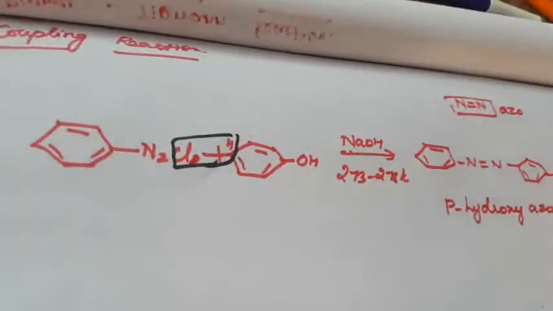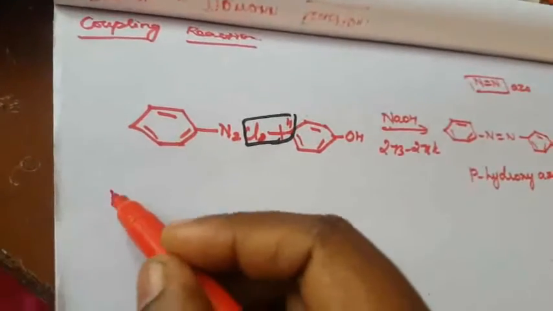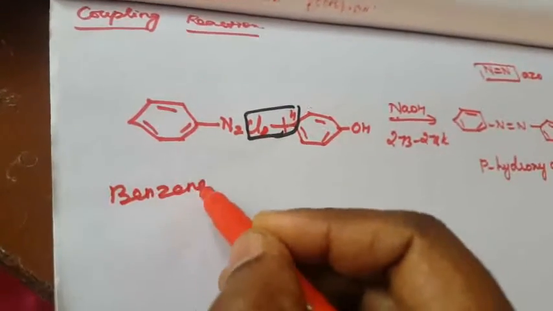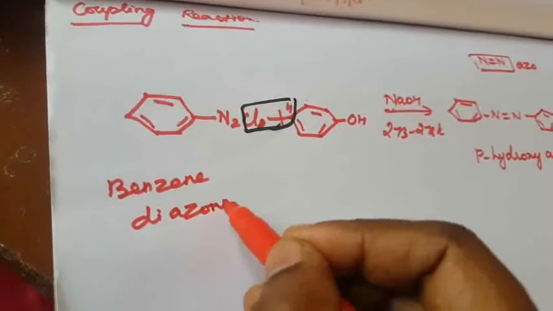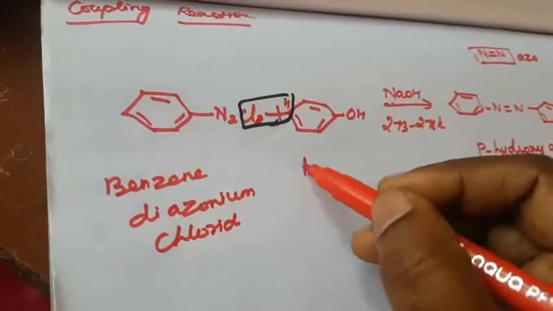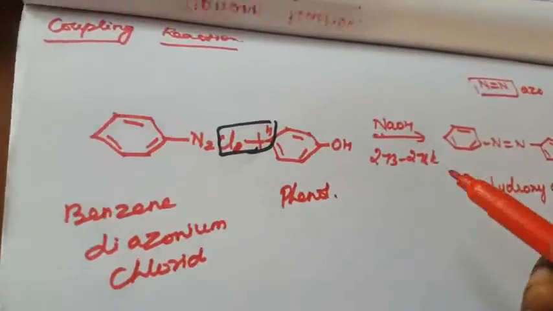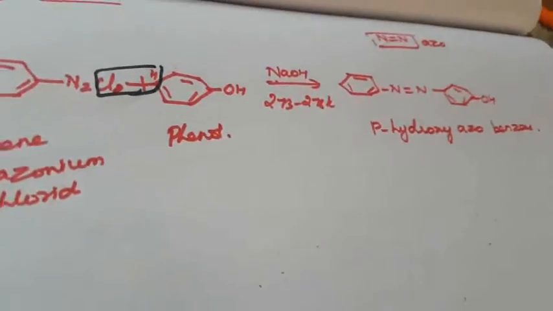So this is the coupling equation. What is this compound name? Benzene diazonium chloride. Then this one is phenol, with sodium hydroxide at 273 Kelvin, giving para hydroxy azobenzene.